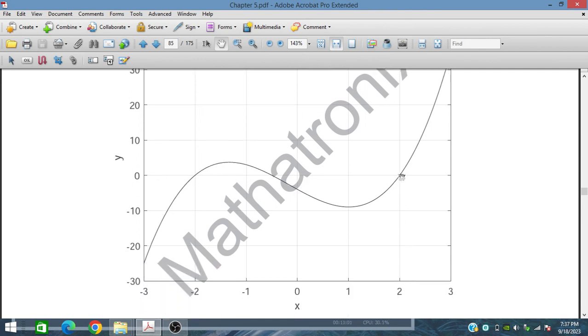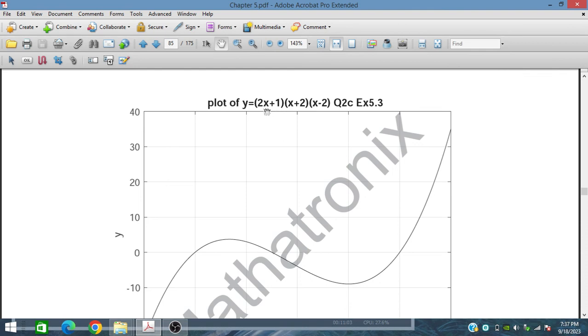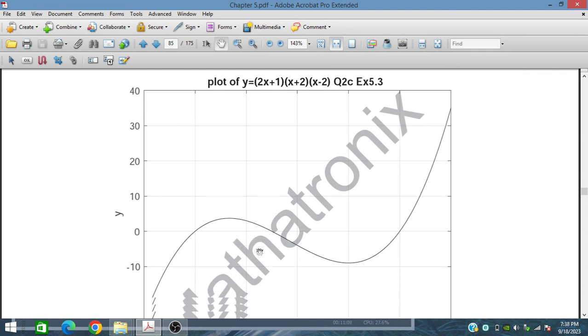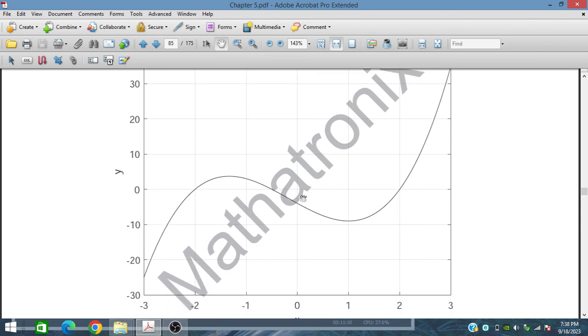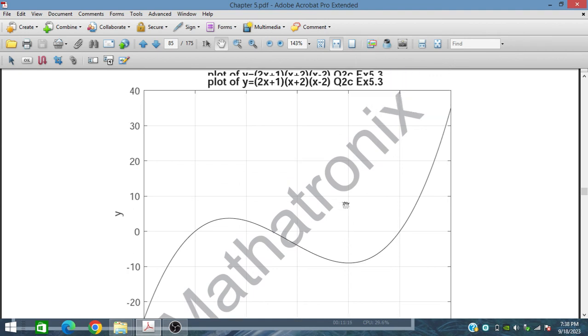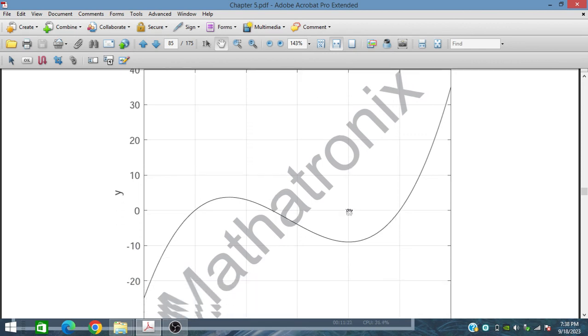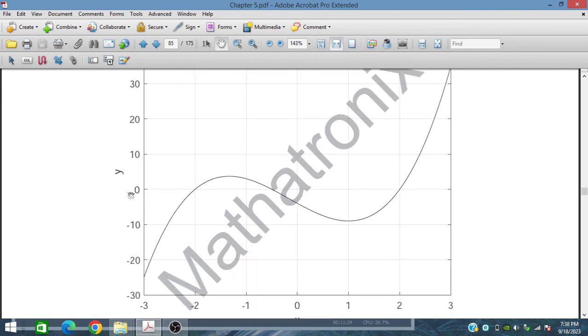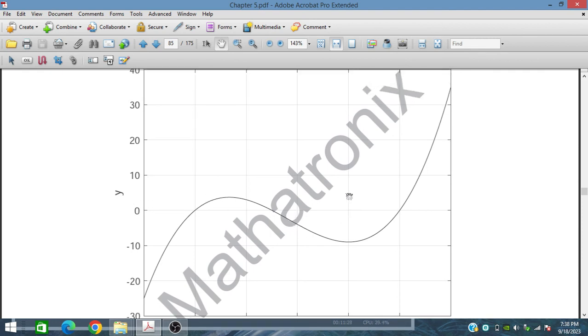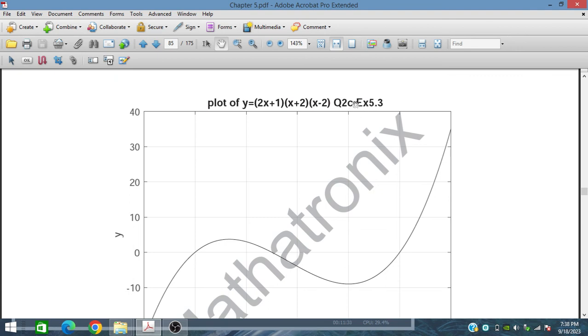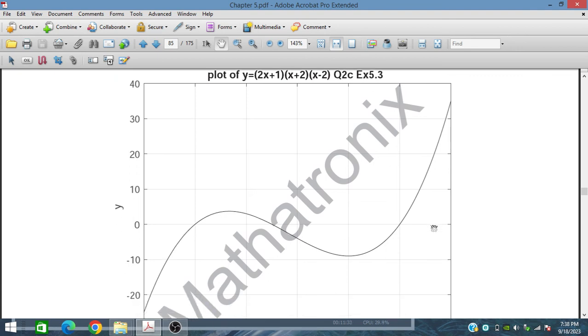For x equal to 0, we get 2 times 2 times minus 2, so minus 4. So this is below 0, this is minus 4. 0 comma minus 4. So this is question number 2c, exercise 5.3.